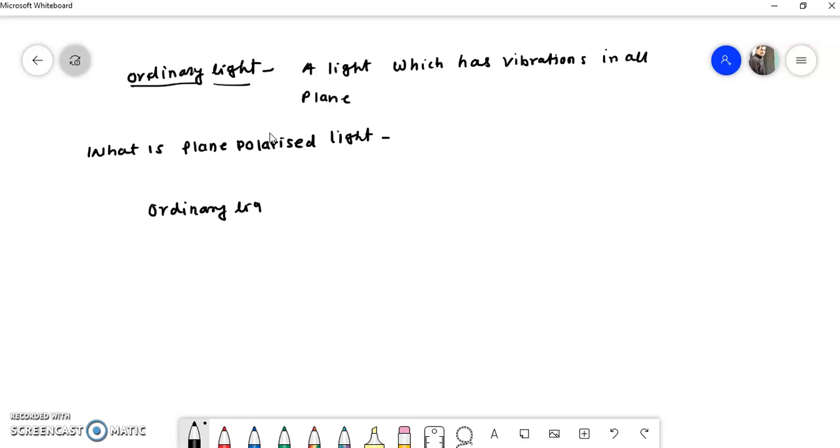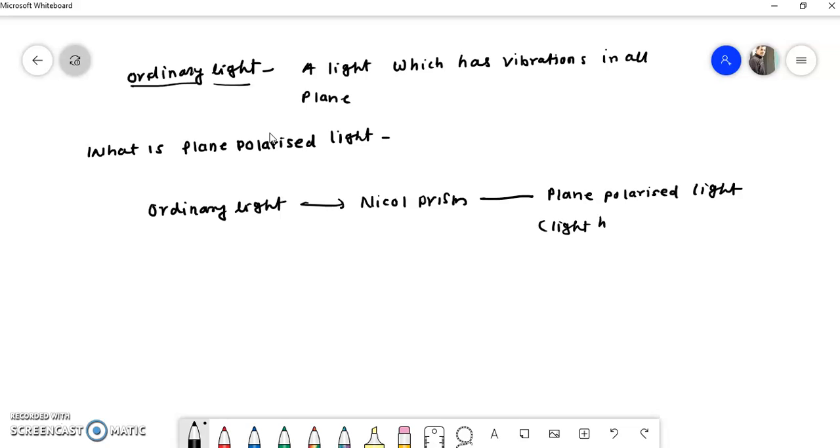When this ordinary light is passed through a Nicol prism, the light which emerges out from that Nicol prism is called plane polarized light, the light having vibrations only in one plane.